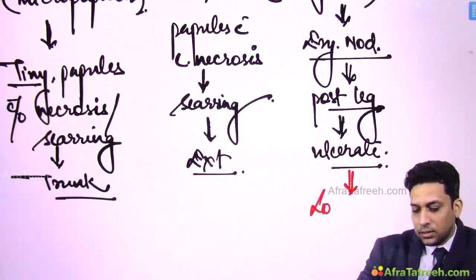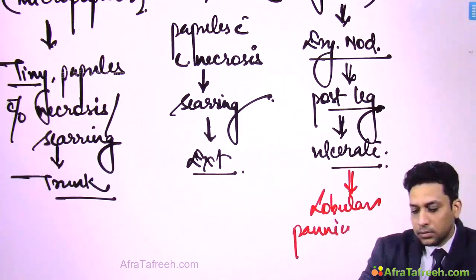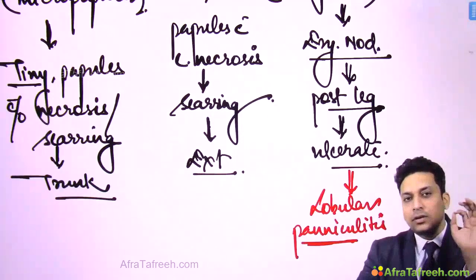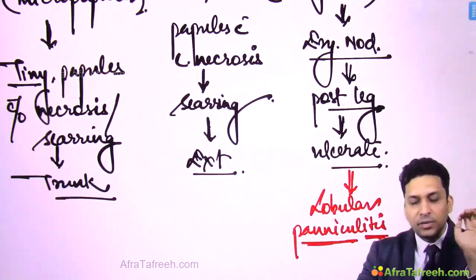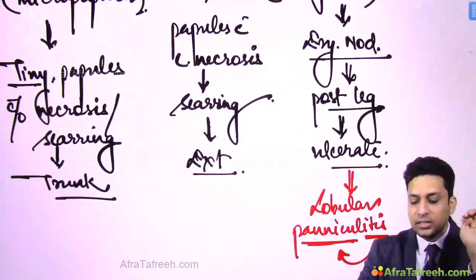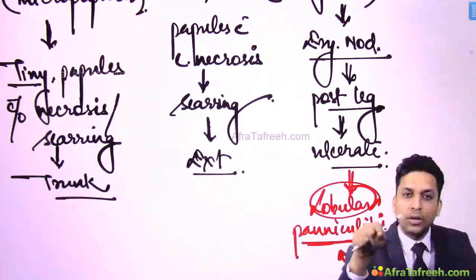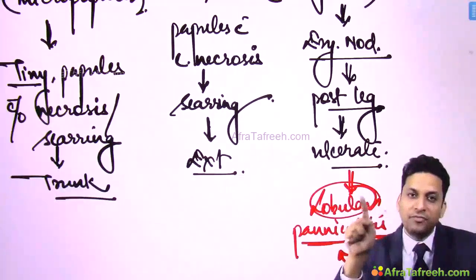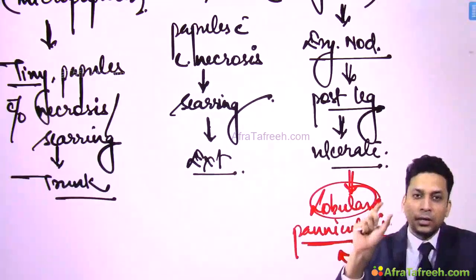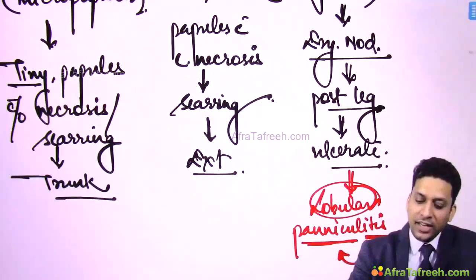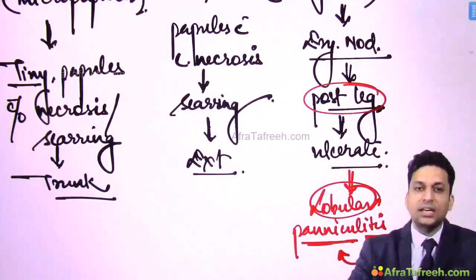This is a type of lobular panniculitis. Panniculus is used for the subcutaneous layer, itis for inflammation. So this is inflammation of the subcutaneous layer, and the subcutaneous layer has two parts, I told you, septal and lobular. So this is lobular panniculitis. Lobules have fat, so this generally develops over the fatty area of the leg, that is the posterior part of the leg, the calves.